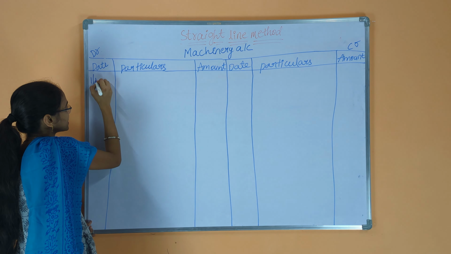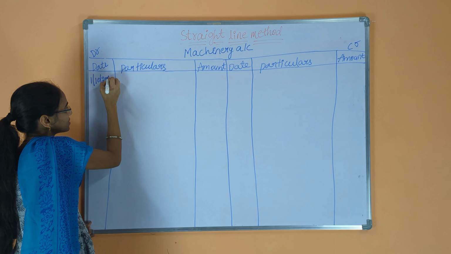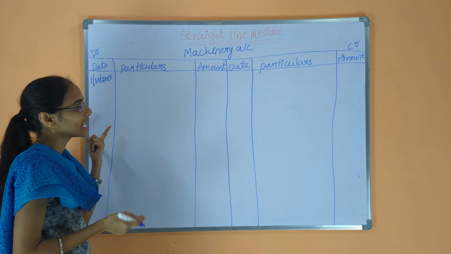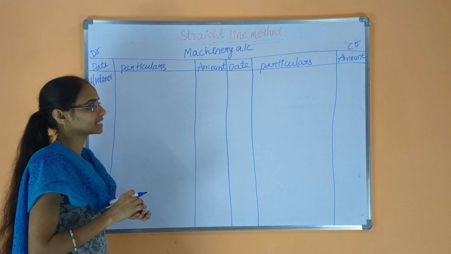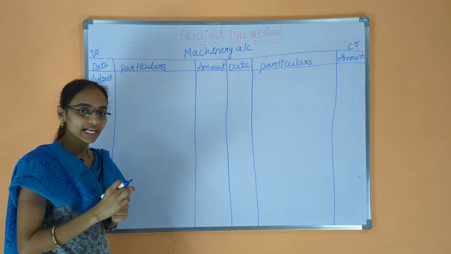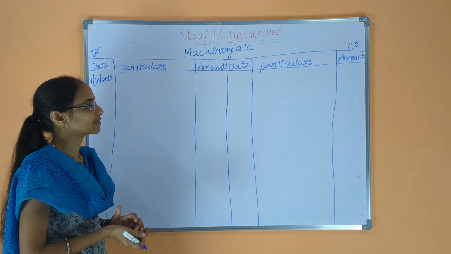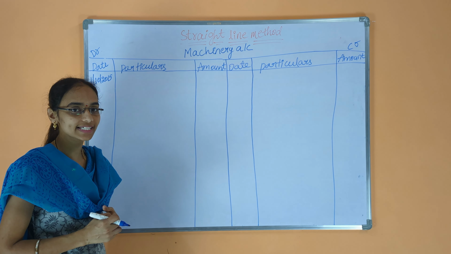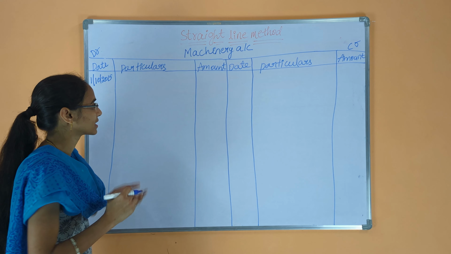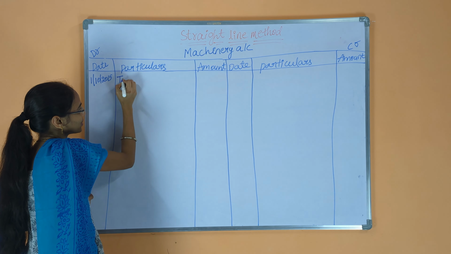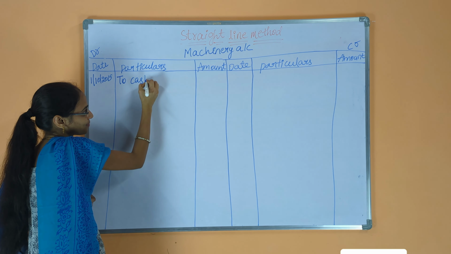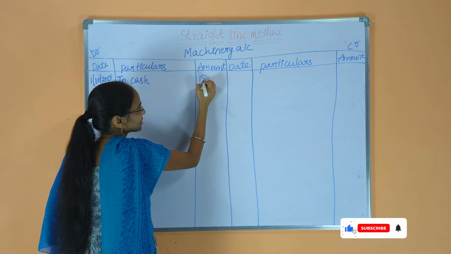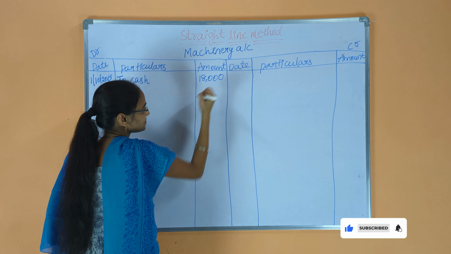So on which date did we buy the machinery? On 1st October 2015. On this day Srinivas purchased machinery. What is the entry? Machinery account debit to cash account. Which account are we preparing now? Machinery account. On which side does it come? Debit side. So on the debit side, to cash, how much amount? 18,000.